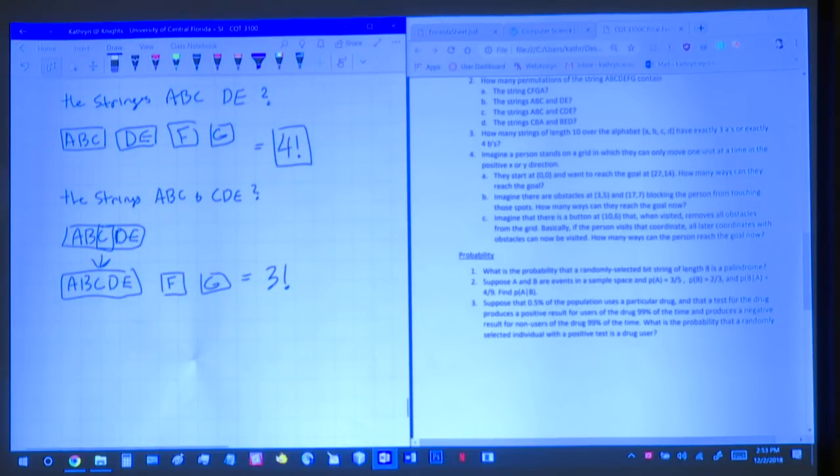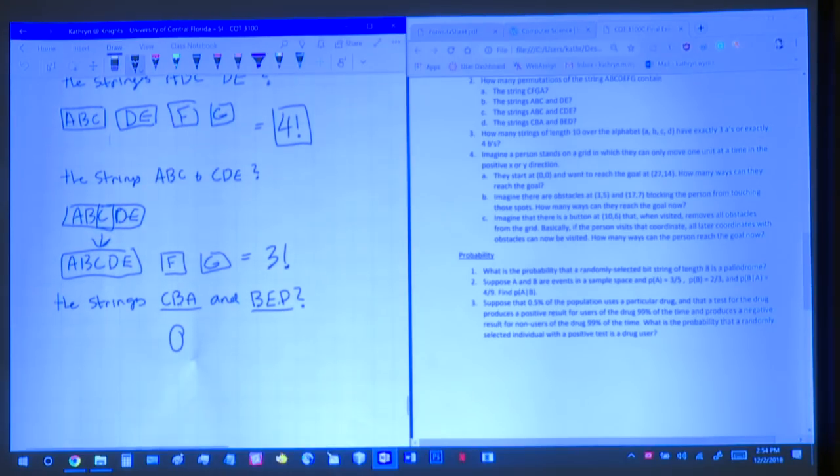Okay. And the last one is the strings C, B, A, and B, E, D. These 2 strings can't both exist at the same time because we have B, A, and then B, E. So the answer to this one is 0, because there are no permutations of these letters where both of these substrings exist.